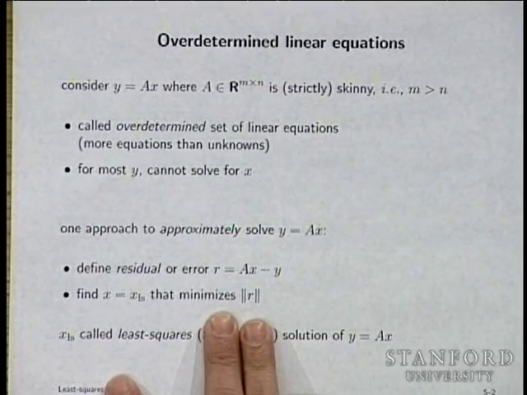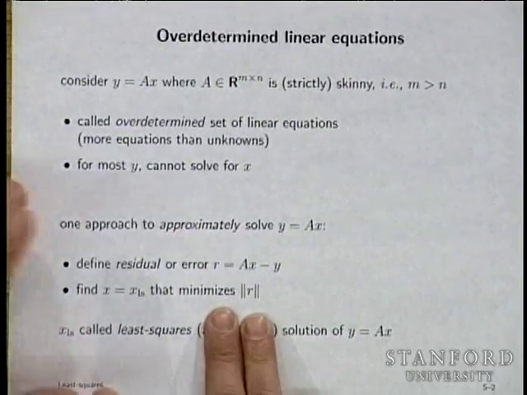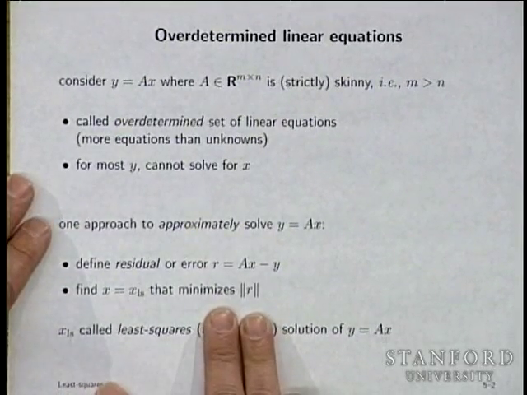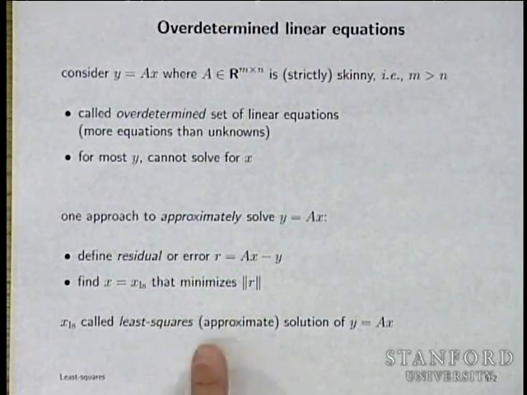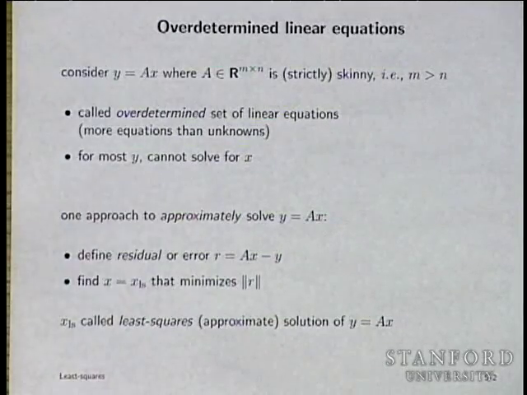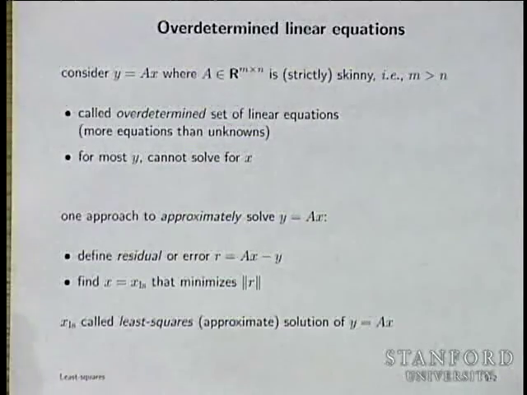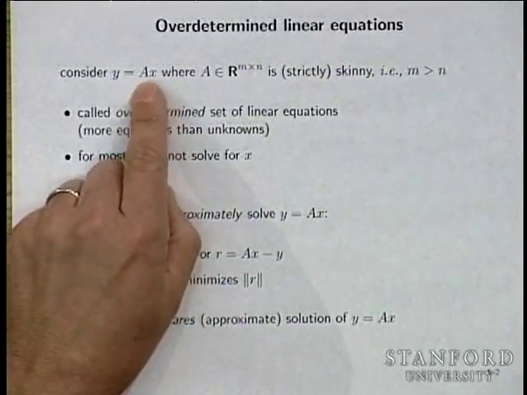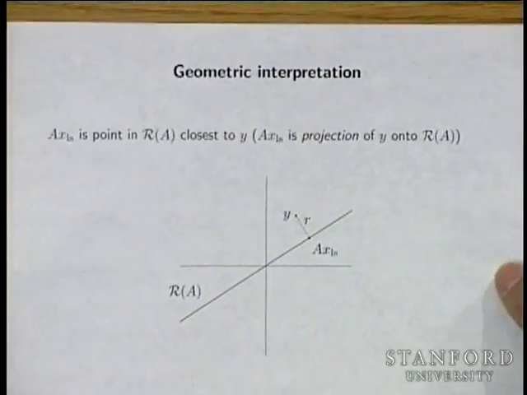It's an approximate solution. Of course, it can solve it. That's possible. And that indeed would be the least squares solution because norms of residuals don't get any smaller than 0. Okay? So I'll call it least squares approximate solution, but you will hear people, if you go to Wikipedia or whatever and type it in, talk about the least squares solution of y equals Ax, which is not a solution of y equals Ax.